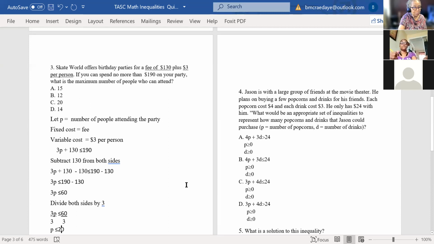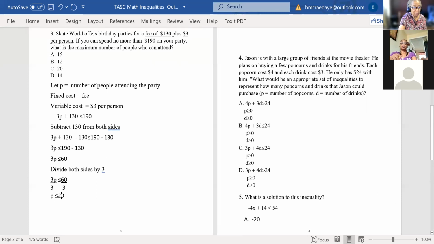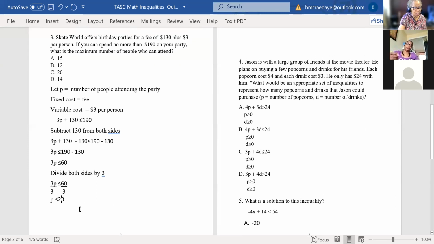All right. Now, let me change this problem. I want you to do this problem. Now, change it. I want your fee to be equal to 165. Okay, the fee is 165.